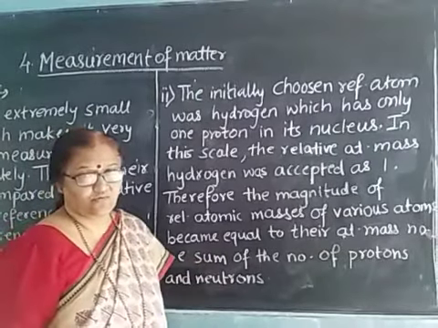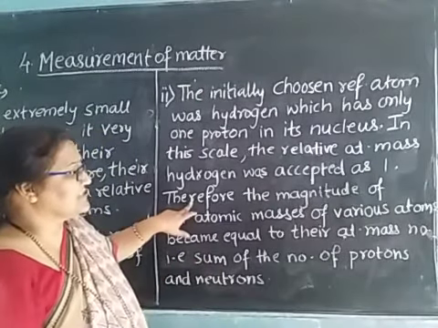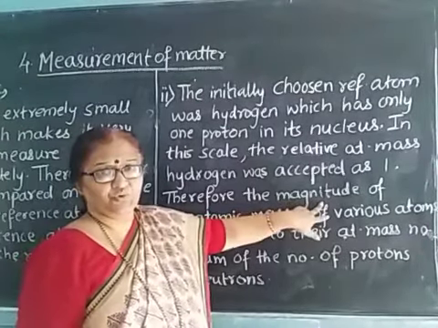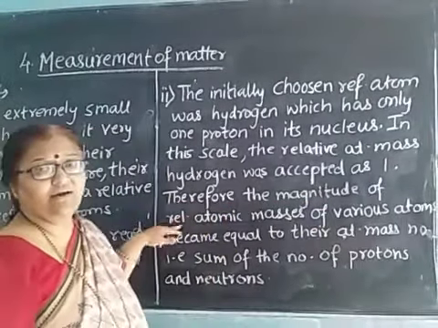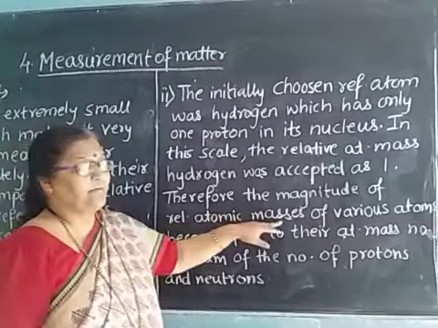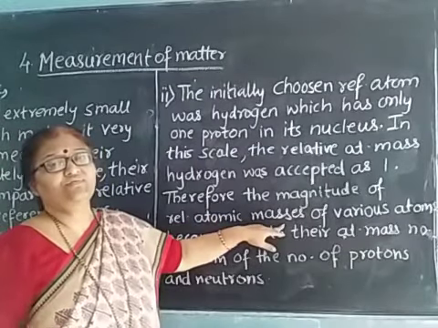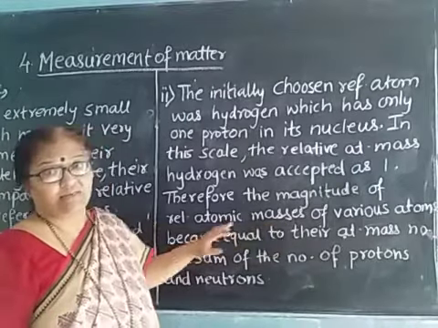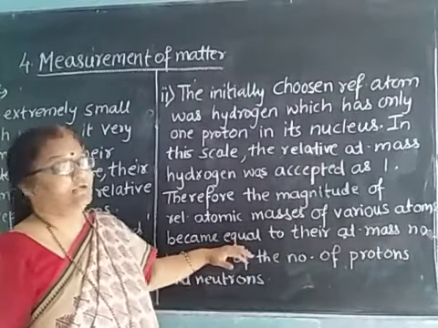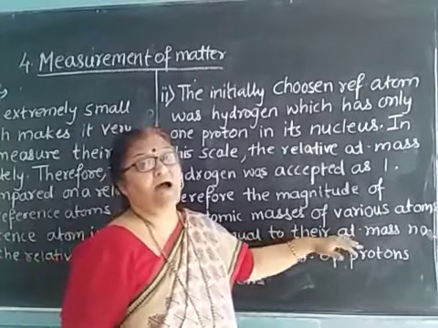What does this tell? The magnitude of the relative atomic masses of the various atoms, which we want to determine, becomes equal to the atomic mass number.